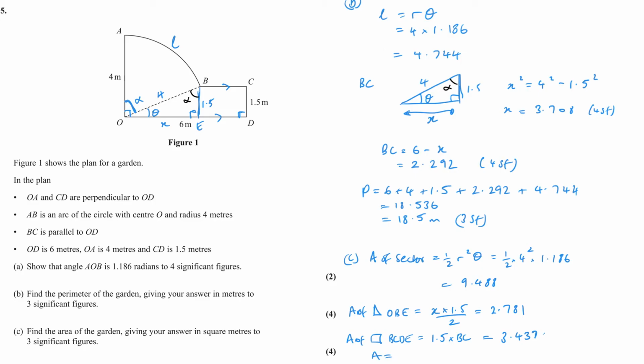So my total area is 15.7 meters squared to 3 significant figures. So that's just totaling this, this, and this. Okay, nice and easy.